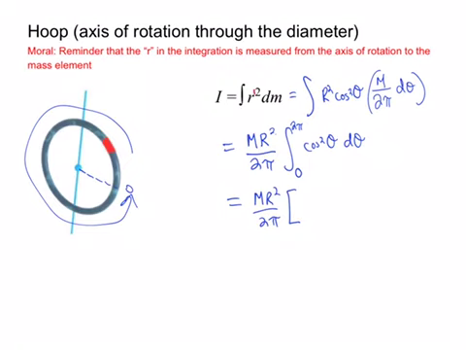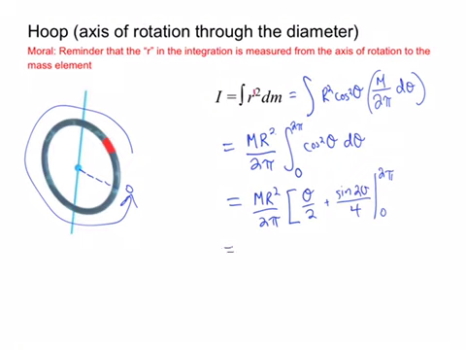I believe it's a u substitution to integrate cosine squared theta. It does come out to theta over 2 plus sine 2 theta over 4. And we have to evaluate from 0 to 2 pi.